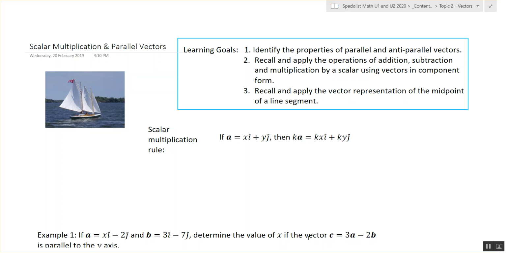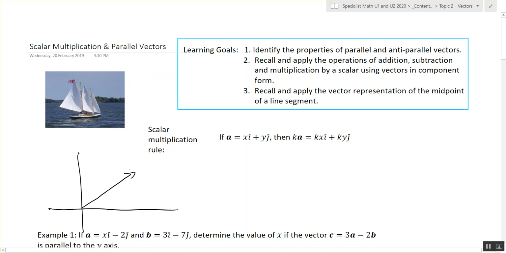Alright, today we're working with vectors and we're doing scalar multiplication. Just a reminder from last lesson, we have a vector which has a magnitude and direction. So a vector can look like this. It can either be in Cartesian form, so that means it has an x value.